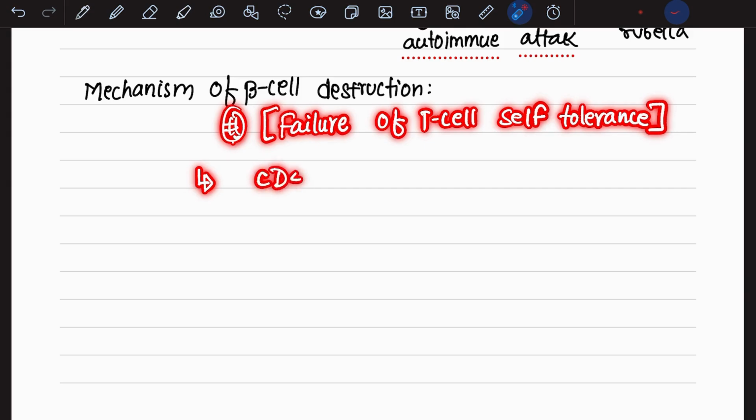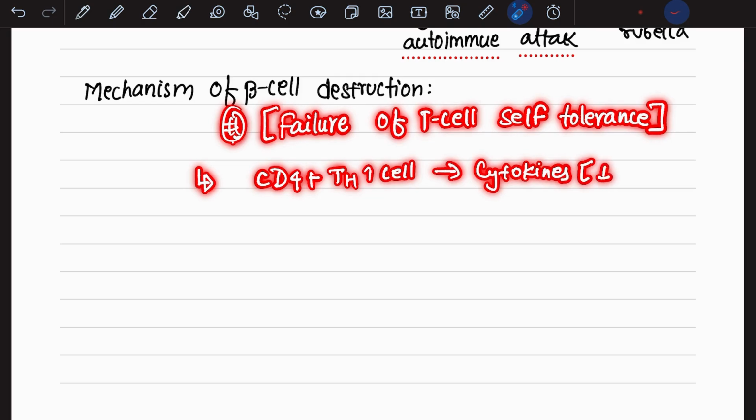We already know from a previous chapter that CD4 T helper cells get activated, then cytokines like interferon gamma and TNF get released, then macrophages get activated, thus killing the beta cells.